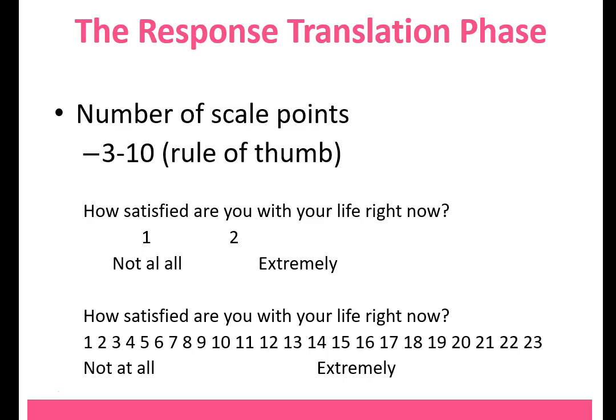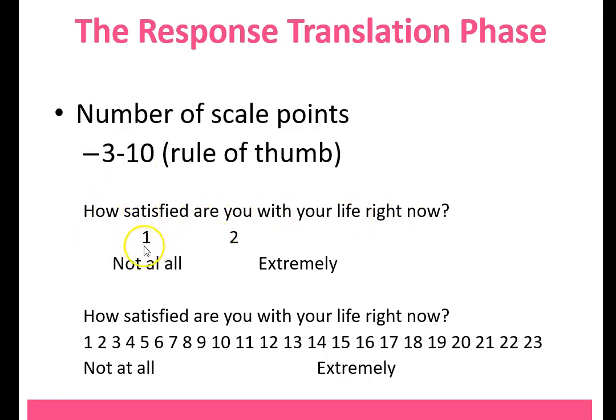Response translation phase, this has the idea of how do you choose the response scale that you're going to use for your survey. If you're doing a Likert scale, we usually do about 3 to 10 options as a rule of thumb. For example, how satisfied are you with your life right now?